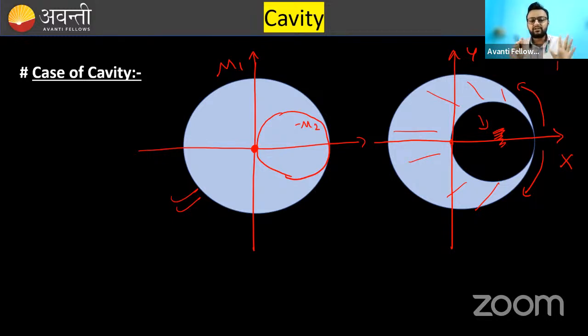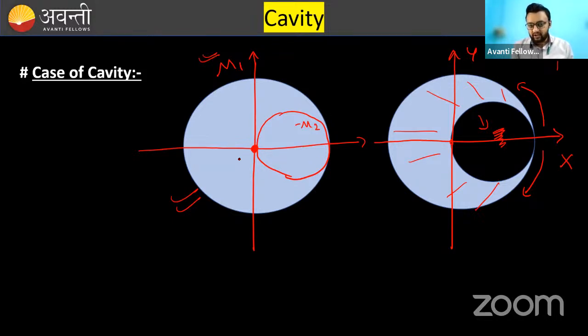So there are two bodies now, M1 and M2. Till this point, everything is clear: we placed two identical masses, one positive and one negative.